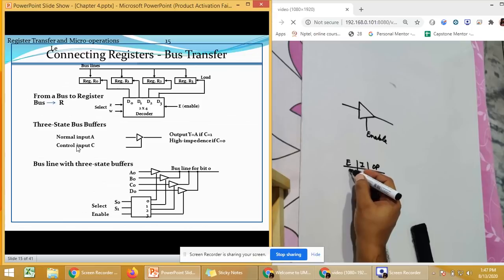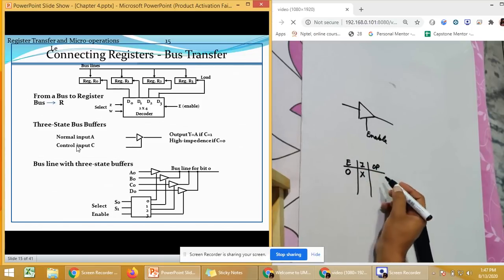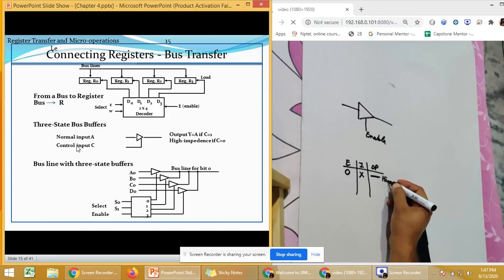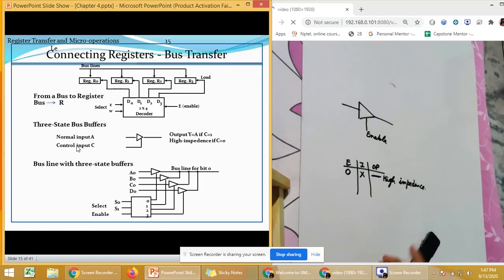If the enable line is 0, whichever input we give, our output will be high impedance, which means it will not generate any output. It will not generate an output of 0, and it will not generate an output of 1. It will simply remain disconnected from the circuit.